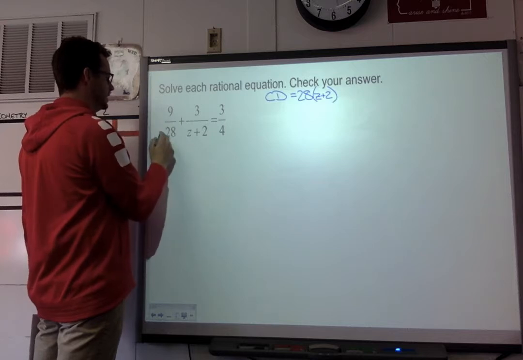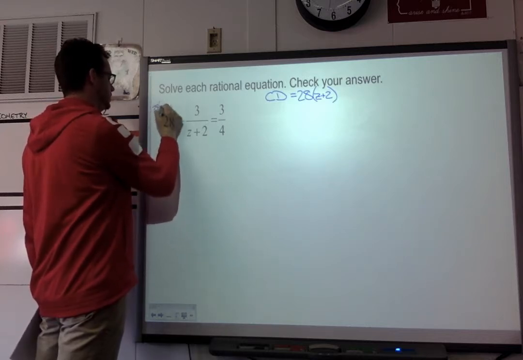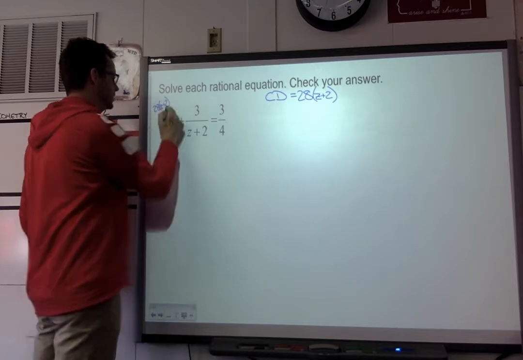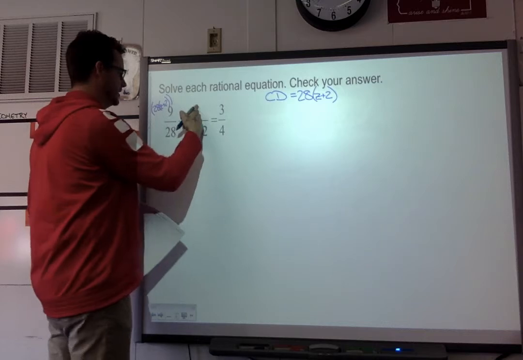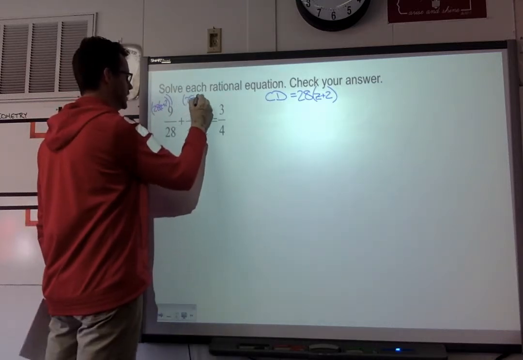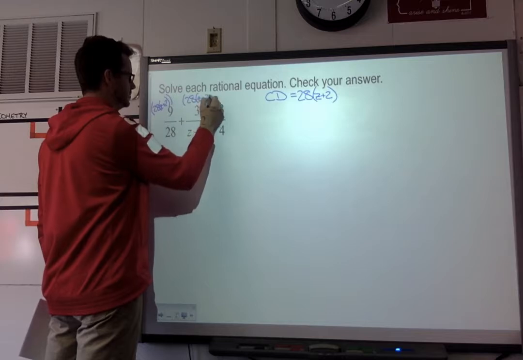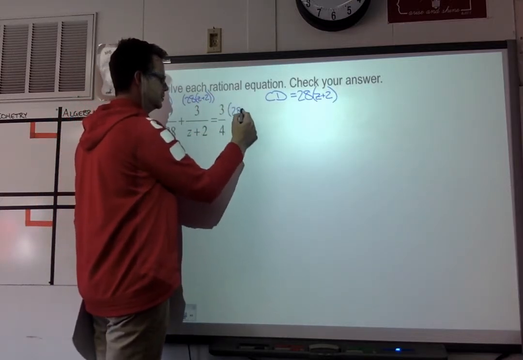So if I multiply 9 over 28 by 28 times z plus 2, then I multiply 3 over z plus 2 times 28 times z plus 2. And I multiply 3/4 by 28 times z plus 2.